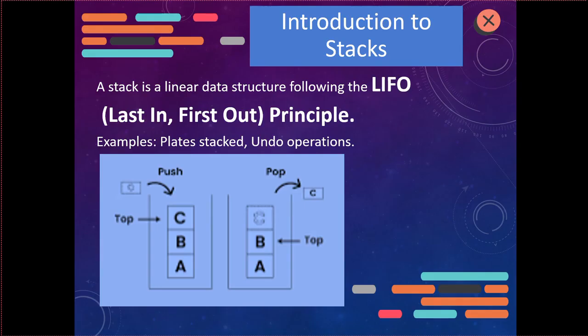To begin with, top points to nothing, absolutely nothing. Then when you insert a value like A, top would be pointing to that. Then you insert B, top would be pointing to that, and at last you insert C. That means top would point to that C value.